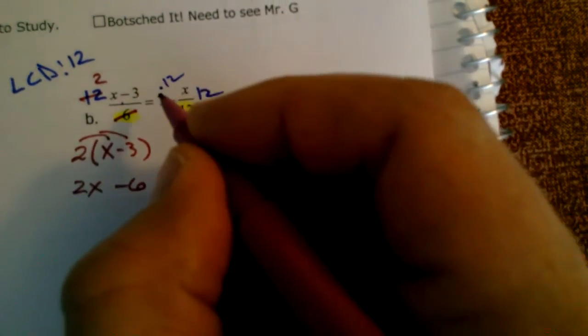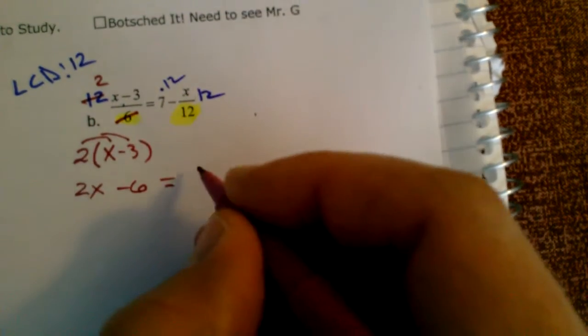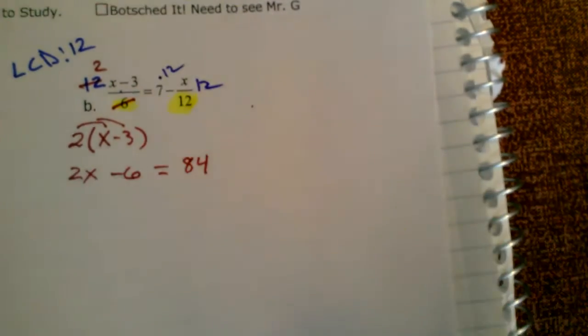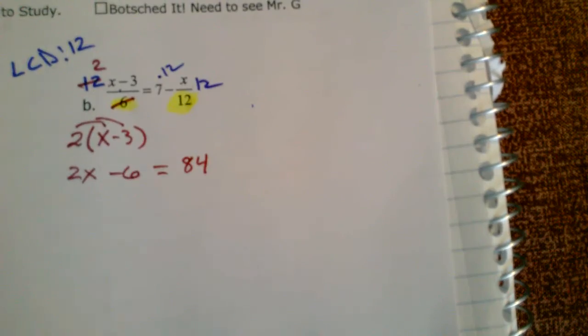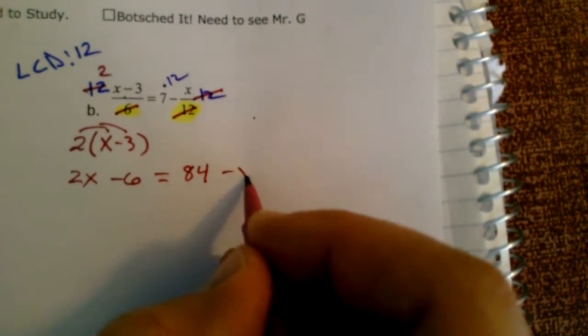The next one I've got is 7 times 12. You can grab your calculator if you need to. 7 times 12, what is that? 84? Is that right? And then last but not least, this 12 that's highlighted reduces that 12, and that leaves me with negative x.